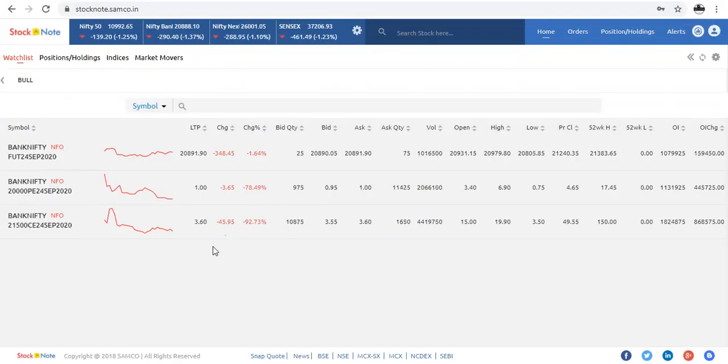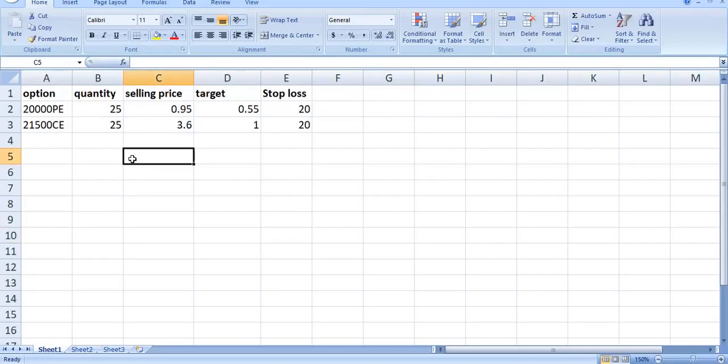Now let us come here, it is trading at 3.60, okay, now it came. So our order has now been placed on the 21,500 call, okay traders. So now we are in the trade.